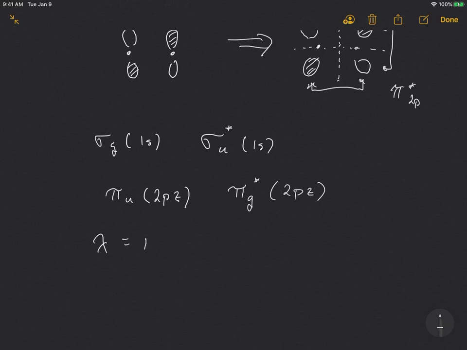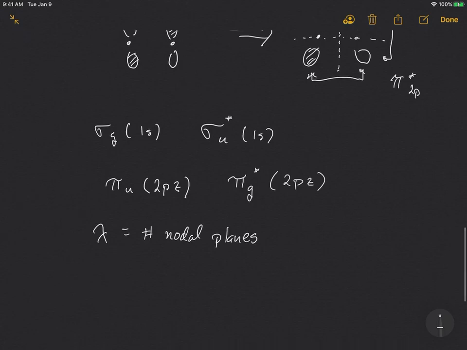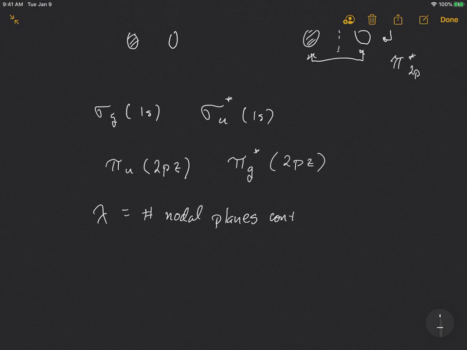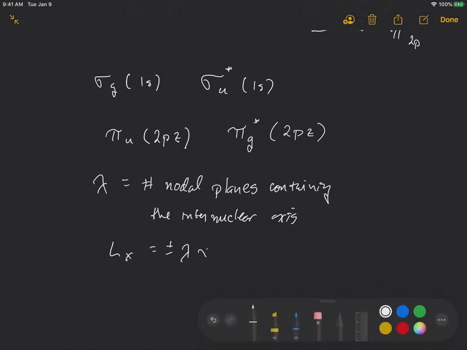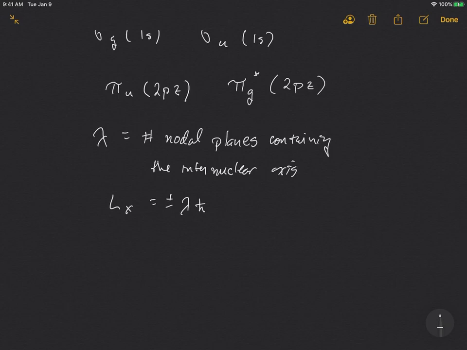We say lambda is the number of nodal planes containing the internuclear axis, then L, the angular momentum, is going to be plus or minus lambda h bar.